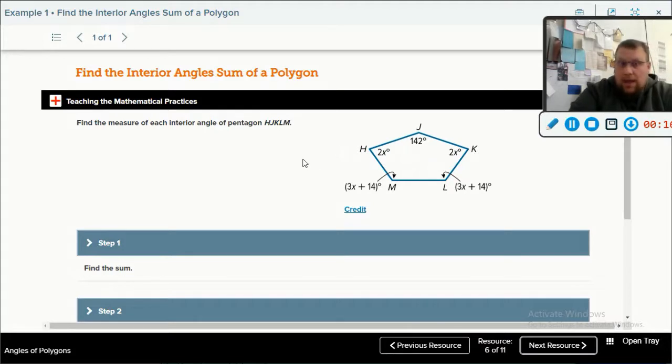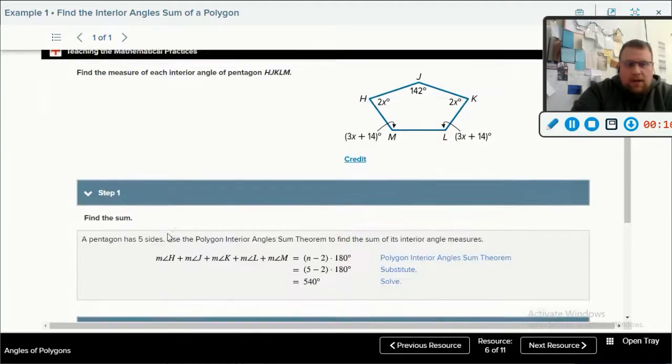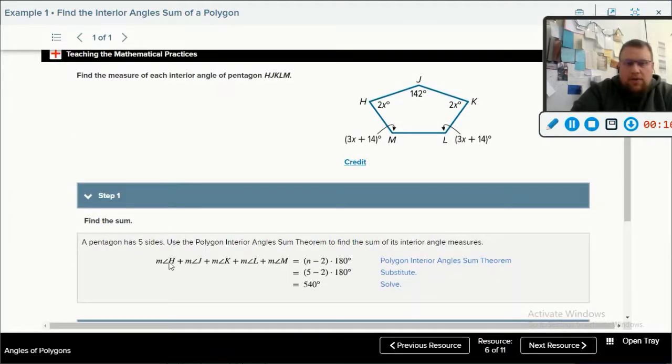Well, if it is a 5-sided polygon, I know that the sum of all these angles is going to be 5 minus 2 times 180. So step 1, find the sum. I know the sum of the measure of angle H plus J plus K plus L plus M is equal to n minus 2 times 180, which is 5 minus 2 times 180, or 540 degrees.